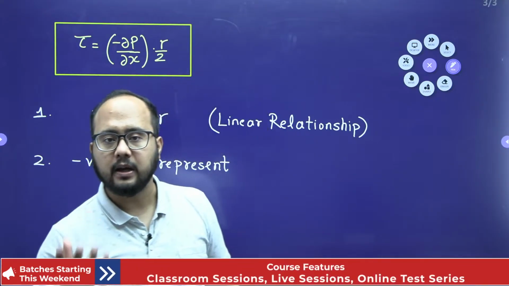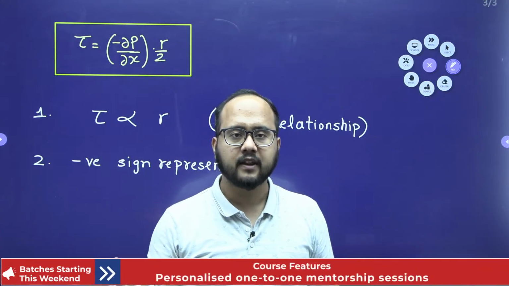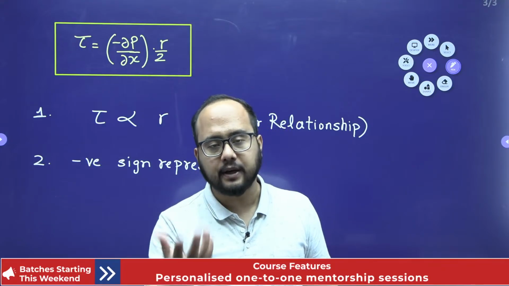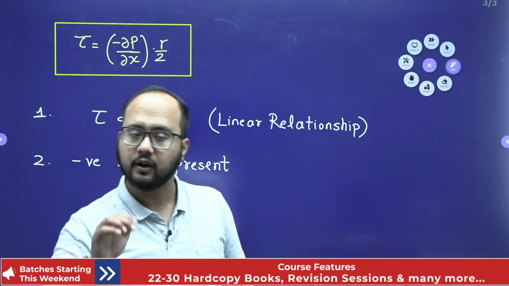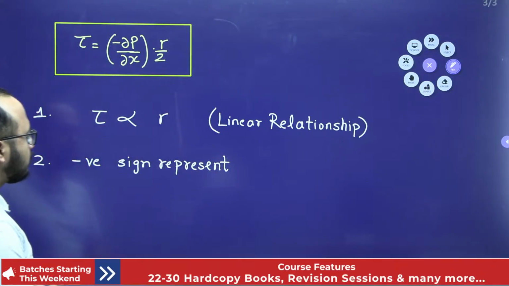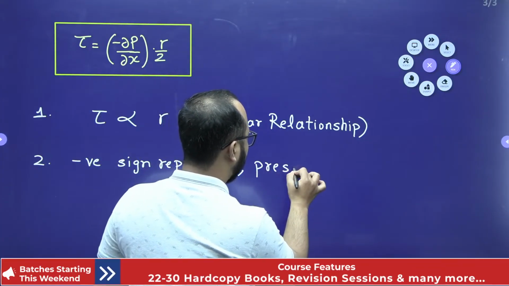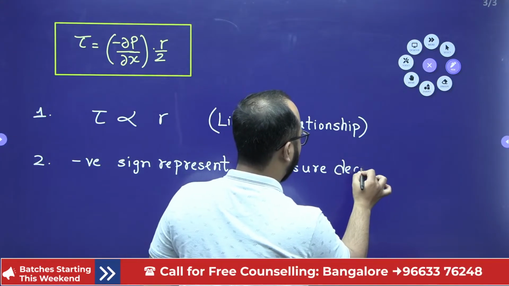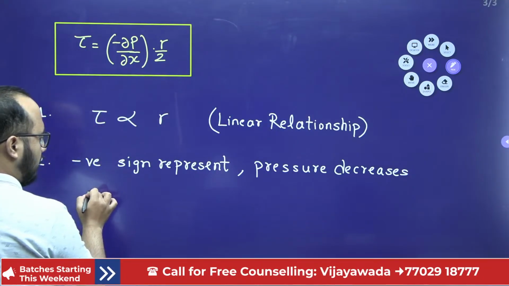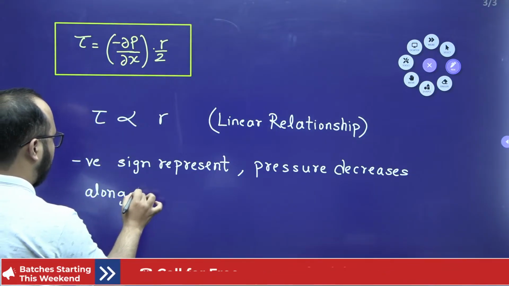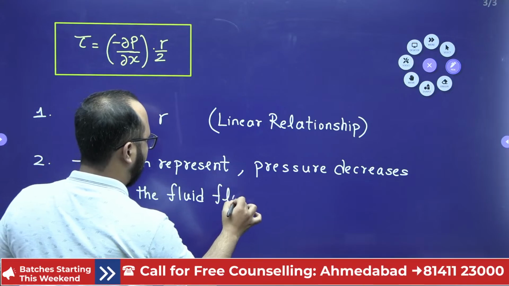Now, what energies are available? As we have assumed uniform flow, the velocity will remain the same. So what kind of energy will be utilized? Only the pressure energy is available. So that pressure energy will be utilized to overcome the losses. That's why the pressure decreases along the fluid flow. So the negative sign represents that pressure decreases along the fluid flow.